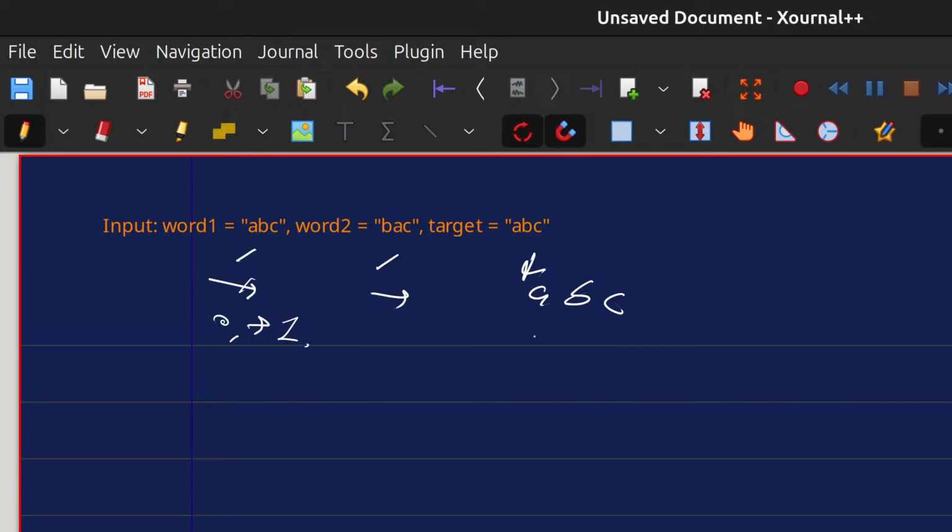So the first character is A here, and in word 1, at index 0, this is also A, right? But in word 2, it is at index 1.